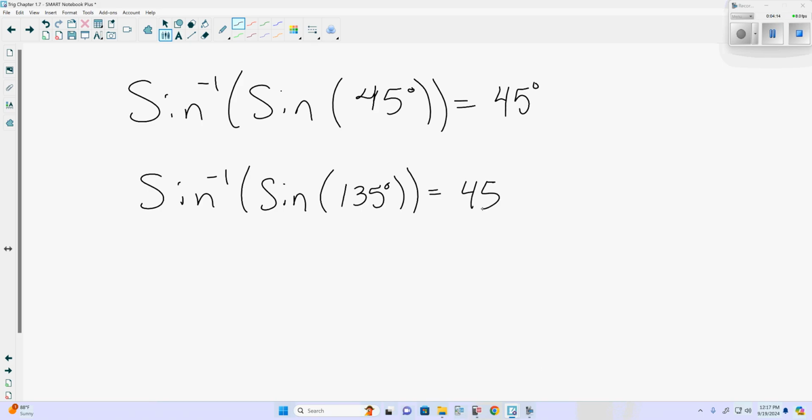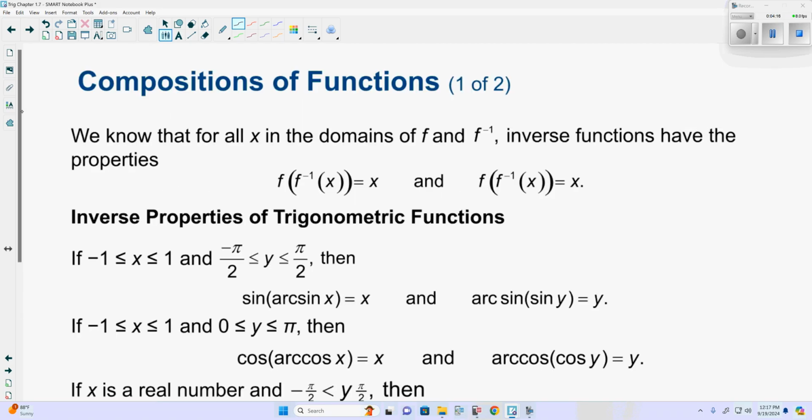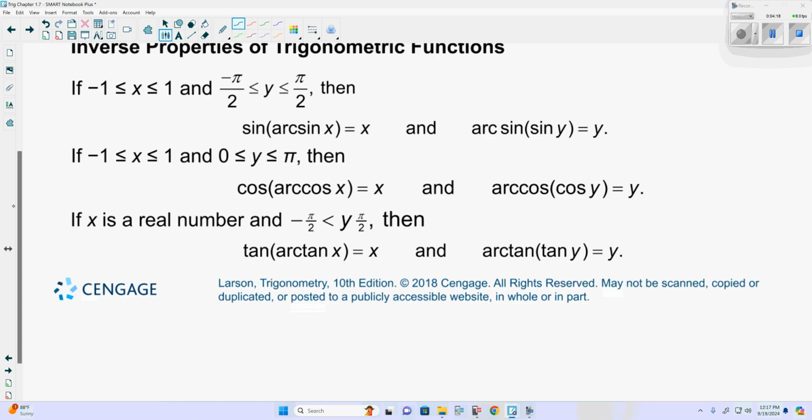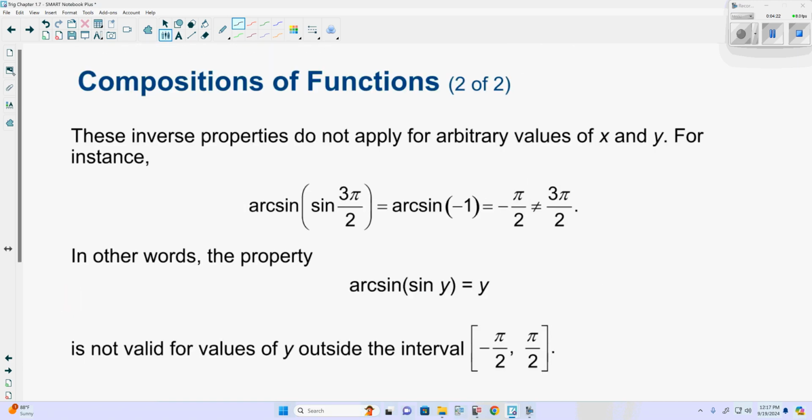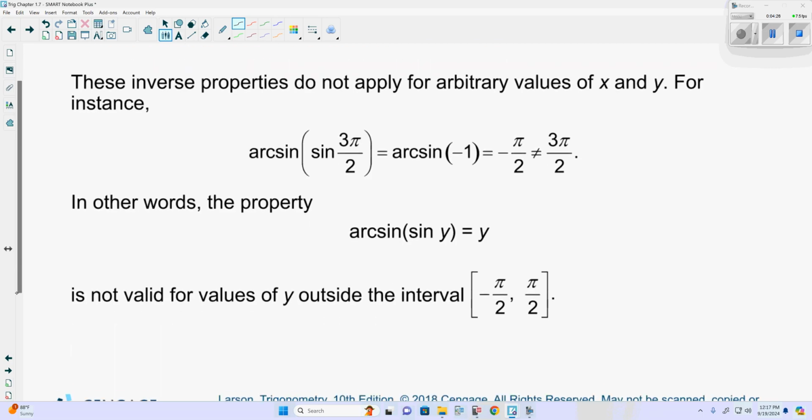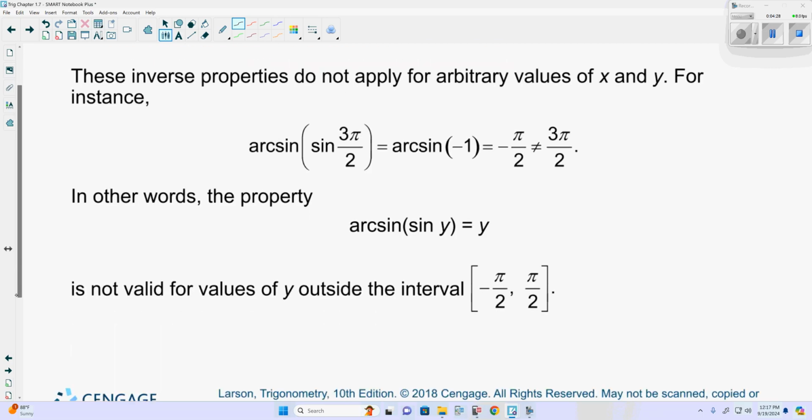Let's see why. Because we know for inverse functions, we have this property here. The inverse property does not apply for all values of x and y. For instance, arcsine, sine inverse of sine of 3 pi over 2 is equal to arcsine of negative 1, which is negative pi over 2, not 3 pi over 2.